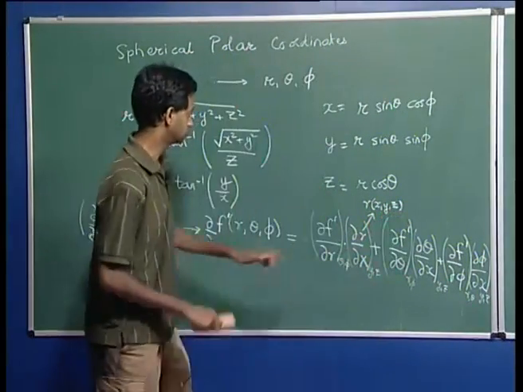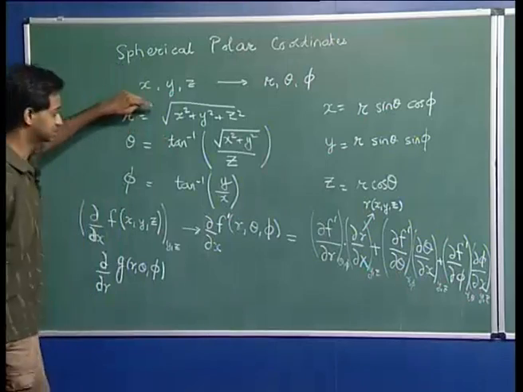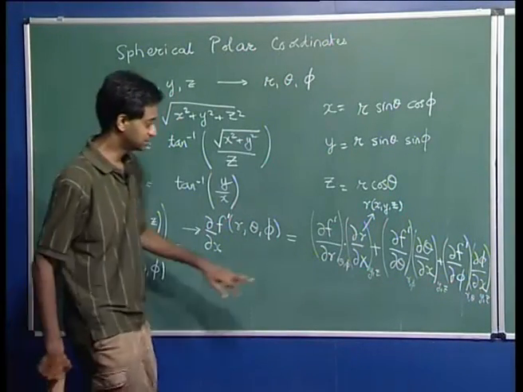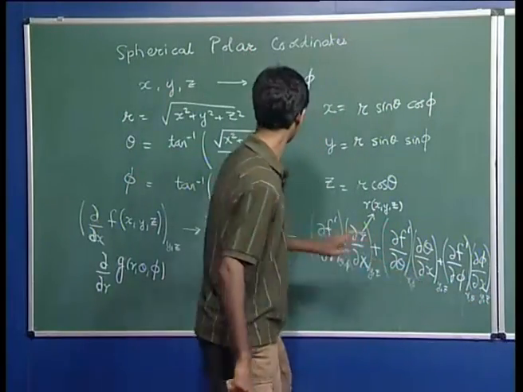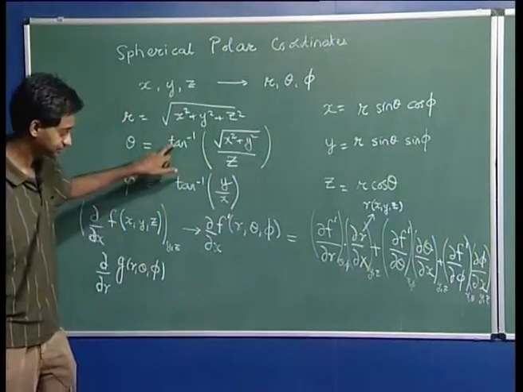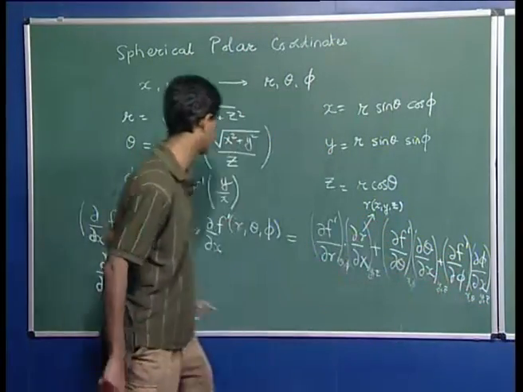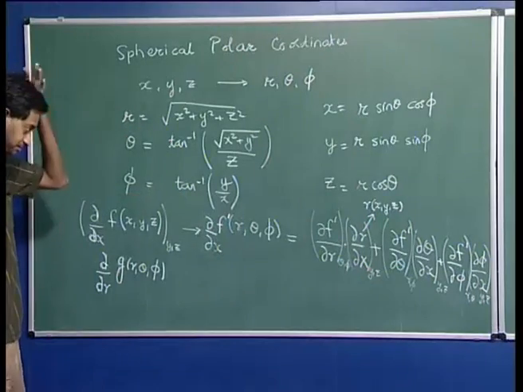So, you should use this relation. Similarly, when you write theta as a function of x, you should use this relation when you take the derivative of theta with respect to x, and similarly when you take the derivative of phi with respect to x, you should use this relation.